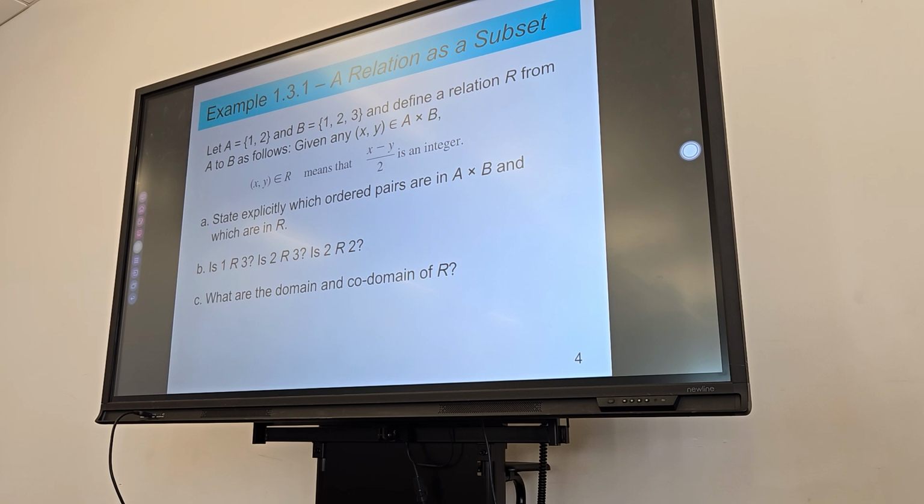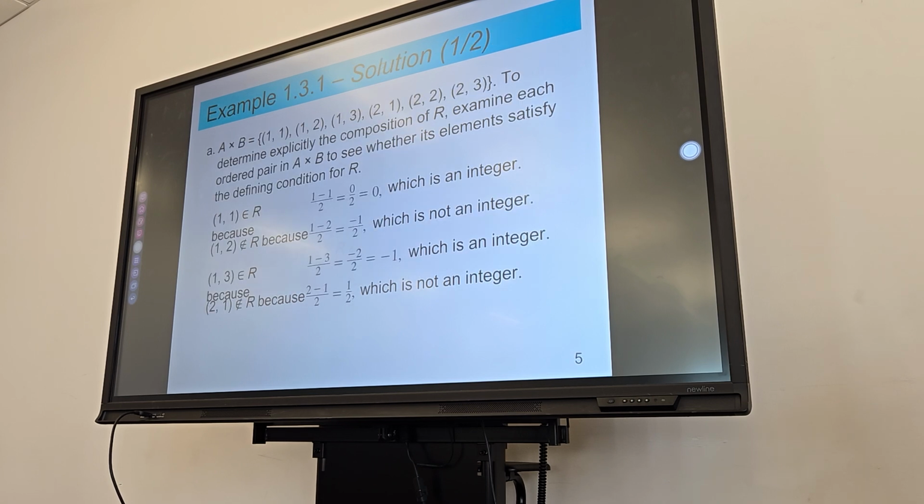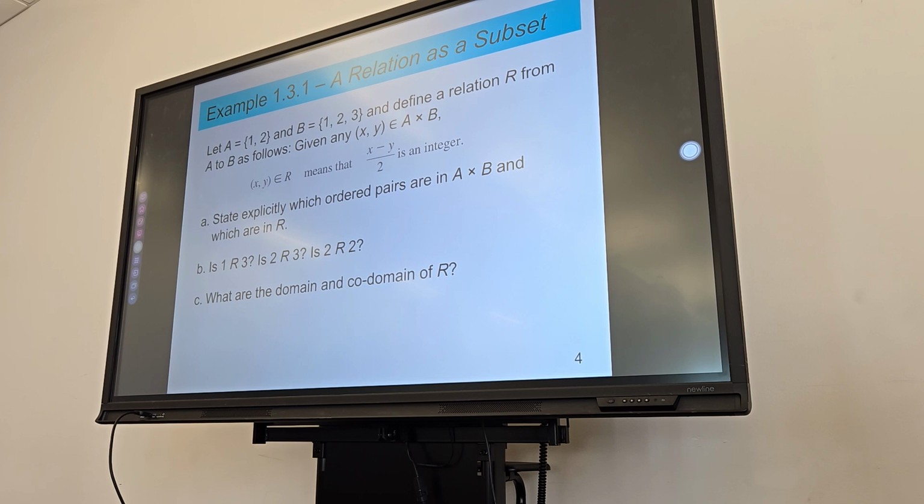Okay? So, let A be 1 and 2, B be 1, 2, and 3. Define a relationship from A to B as follows. Given any X and Y that's an element of the cross product of A and B, X, Y is an element of R means that X minus Y divided by 2 is an integer.